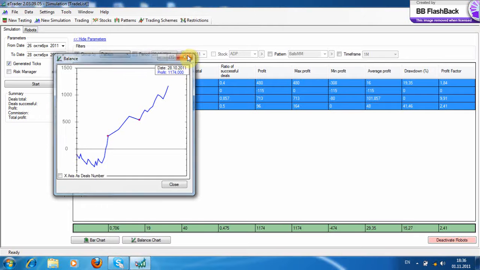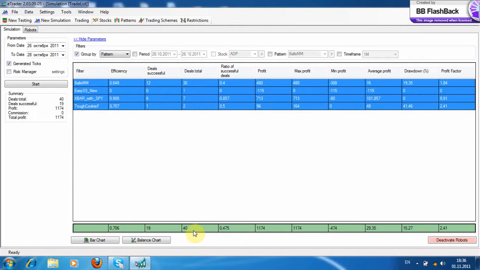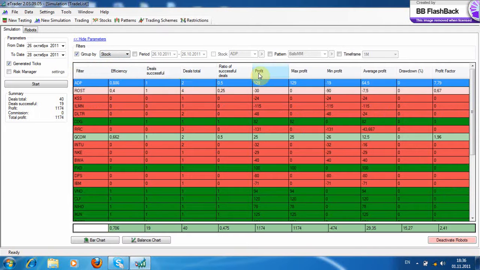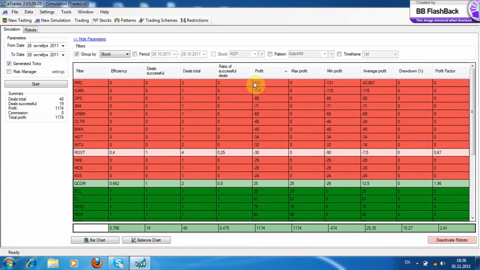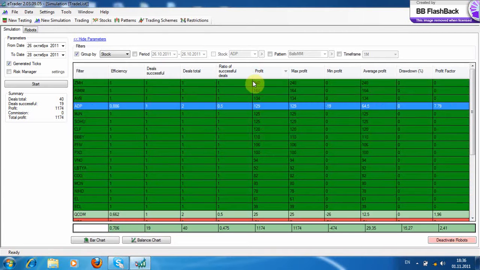We made about 40 operations, 19 were successful. However, our take profit is several times more than stop loss. We can also group by stock. We can see our least successful and the most successful operation. This is simulation.